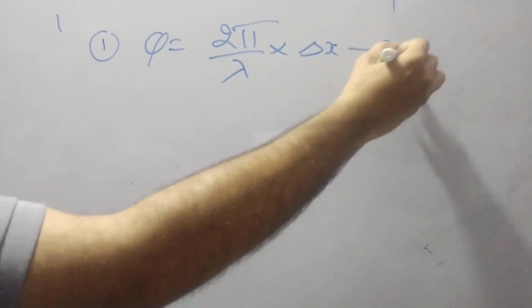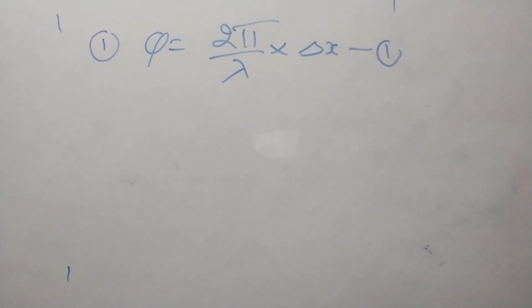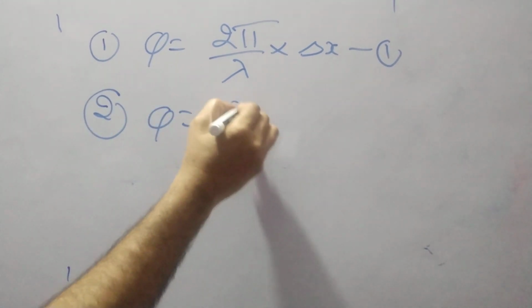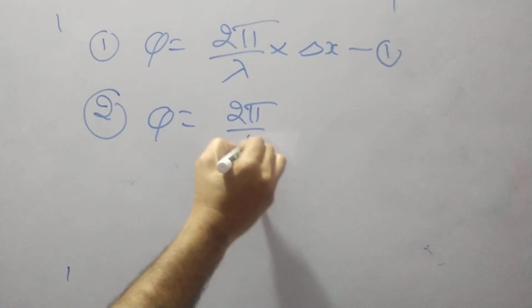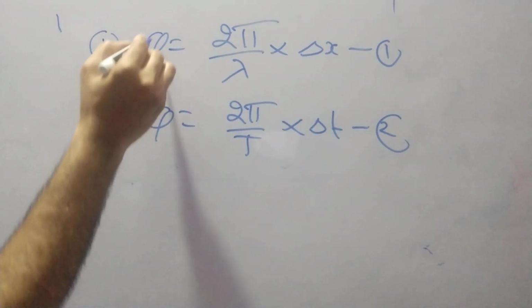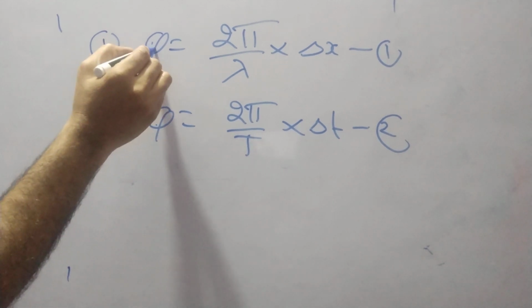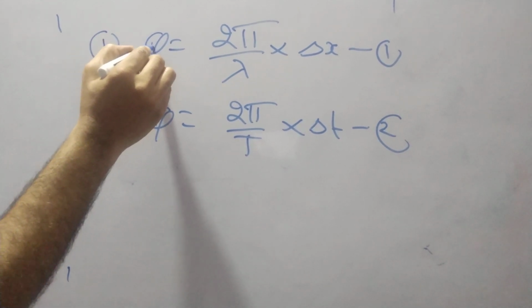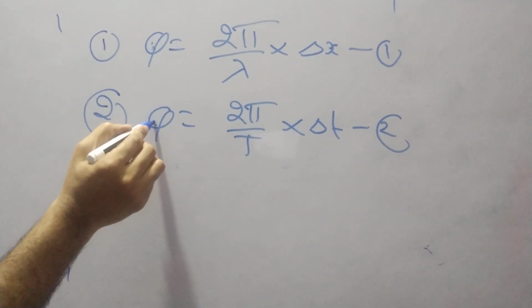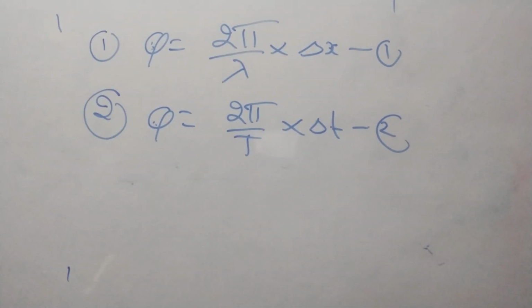The second formula: the same phase difference equal to 2 pi by T into delta T. Both are phase difference only, but the first is with respect to path difference and the second is with respect to time difference.